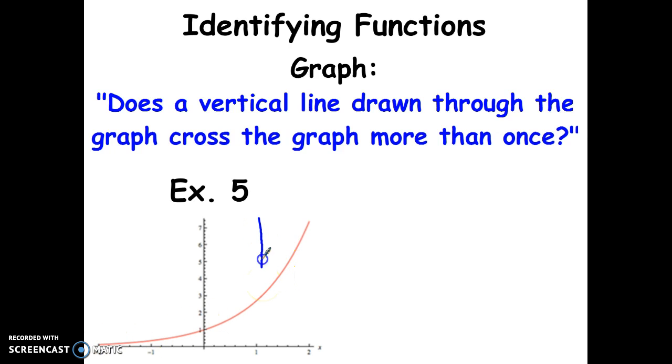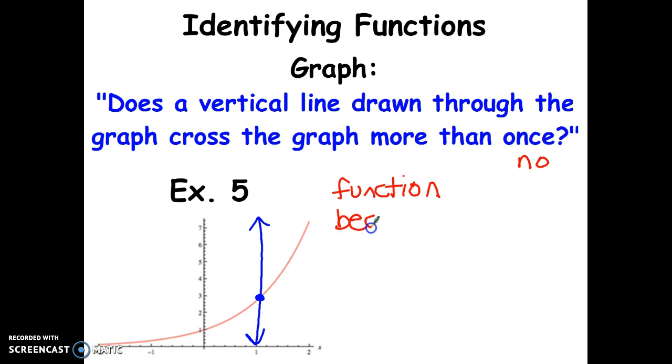So if we draw a vertical line through that graph, we want to take note of how many times that line crosses the graph. So this line actually only crosses the graph right here. It crosses one time. So to answer our question, does a vertical line drawn through the graph cross the graph more than once? Our answer is no. So that means that this is a function.